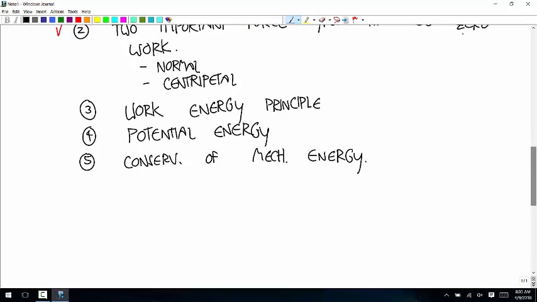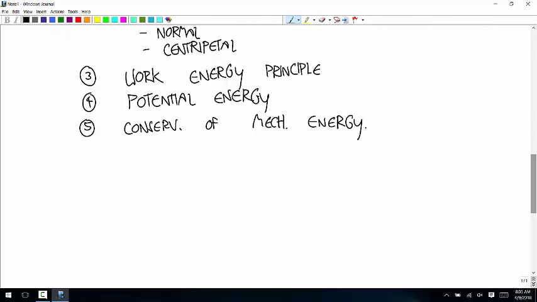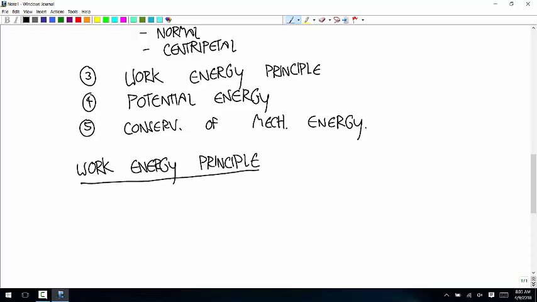So anyways, we have to start with the work energy principle and build up from there. And the example problems that we've done so far really suggest the work energy principle, so this isn't going to be a surprise. But I haven't put it in equation form yet.